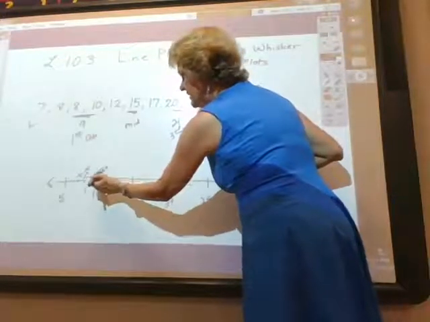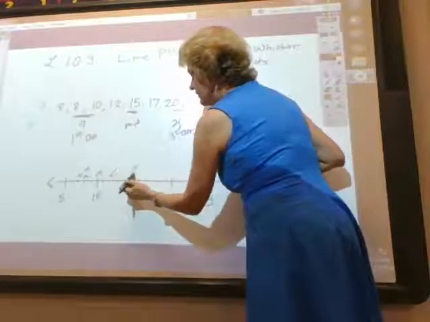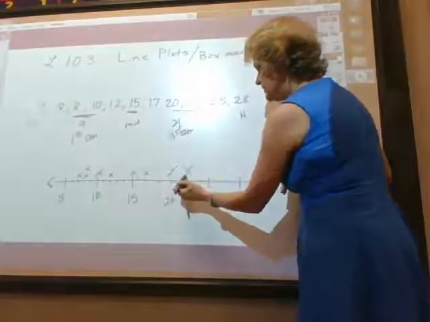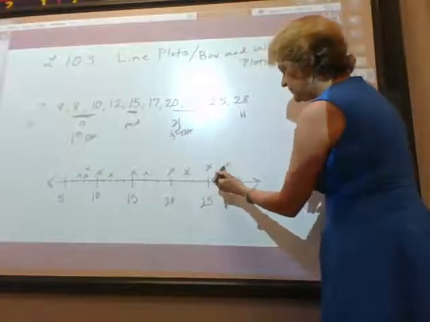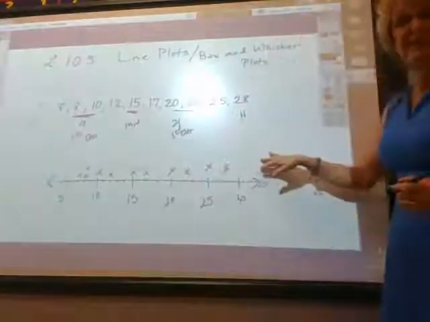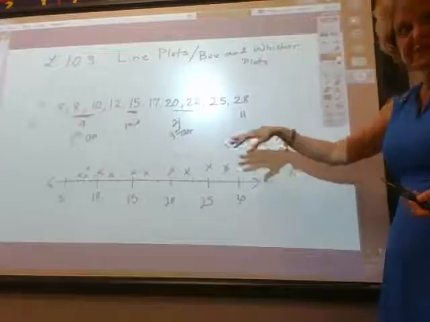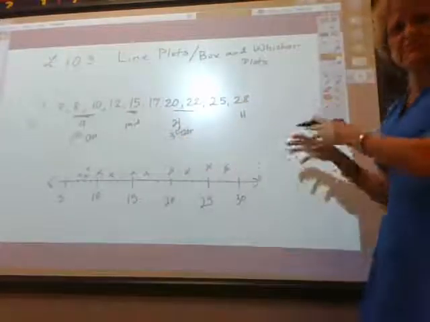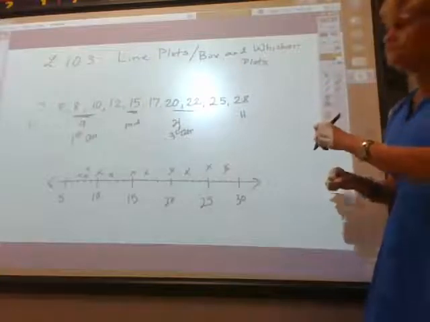I have a 10, I have a 12, a 15, a 17, a 20, a 22, 25, and a 28. And you might want to count, make sure that you have enough X's for each piece. So that's a line plot. You just plot the values by X's, okay?